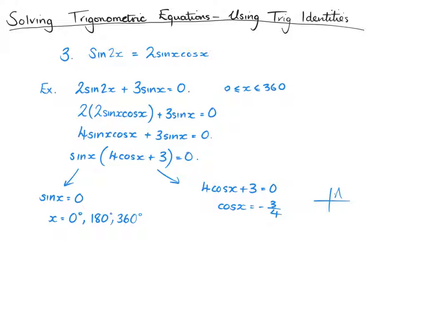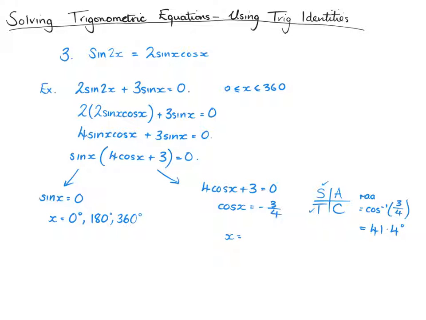Okay, so cast diagram again. It's negative, so it's in our second and our third quadrants. And our relative acute angle is the inverse cos of 3/4, which gives us 41.4 degrees.